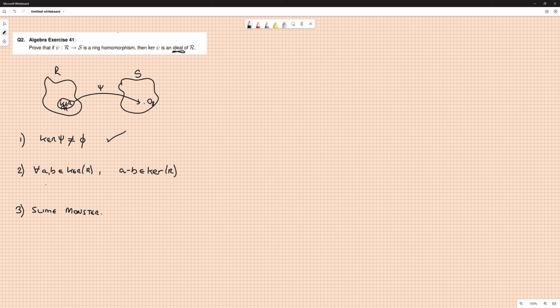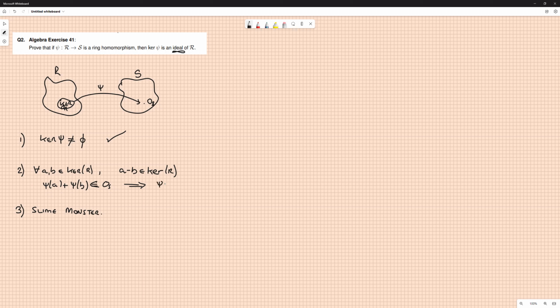What we're saying is that if we have phi of A plus phi of B, that would map over to 0_S, and that's for any A and B. So we know there exists a minus B.